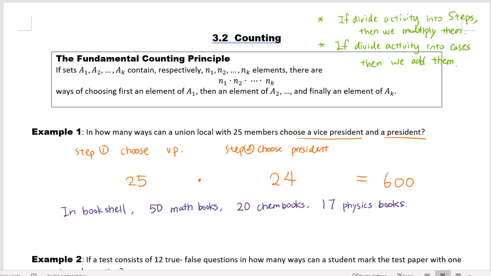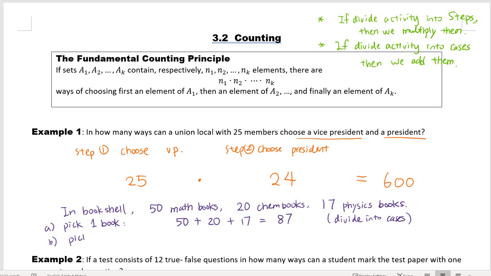So in part A, if we want to pick one book, what happens? Well, then you separate into cases, because we could pick a math book, then there are 50 choices. We can pick a chemistry book, so there are 20 choices. Or we could pick a physics book, then there are 17 choices. So when we add them up, we get 87 choices. So when we pick a book, we can divide into cases. That's why we add them.